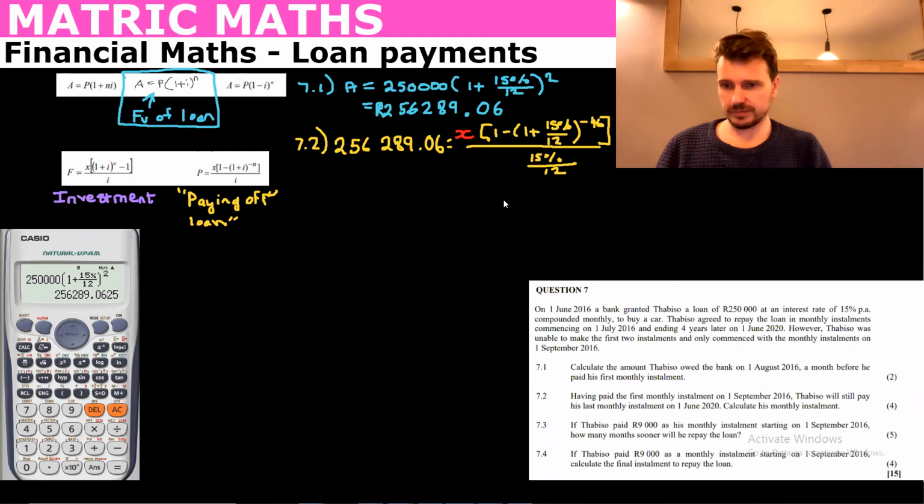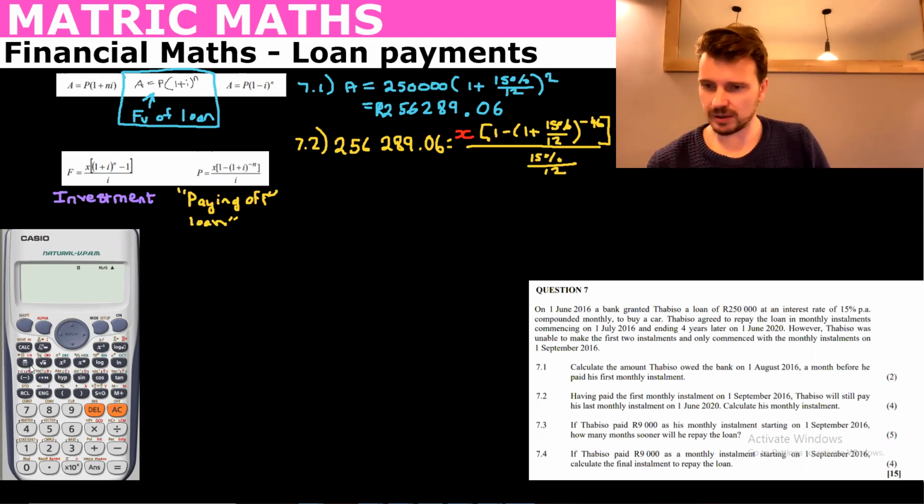Okay, so what we've got is, let's clear this. So I'm going to take everything except the x on the right-hand side. So it's going to be open brackets, 1 minus, open another bracket, 1 plus.